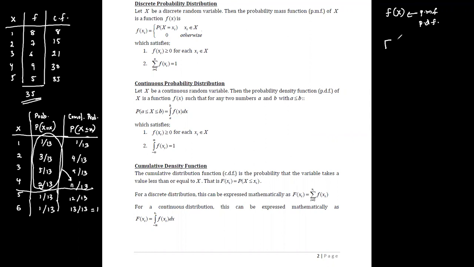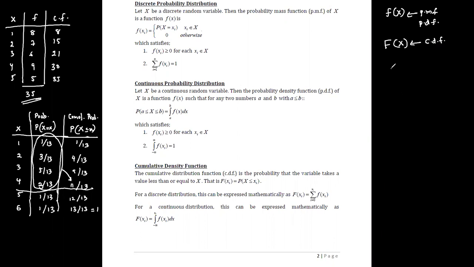And we can say that uppercase letter F of x is to denote the cumulative distribution function for both the discrete case and the continuous case. Always we are using this uppercase letter F of x.